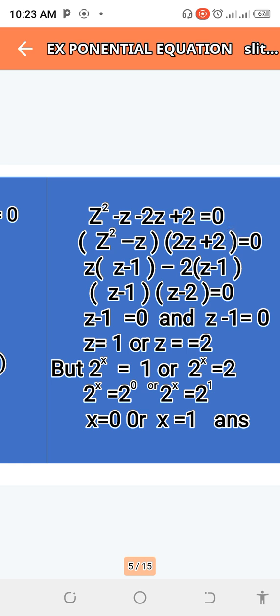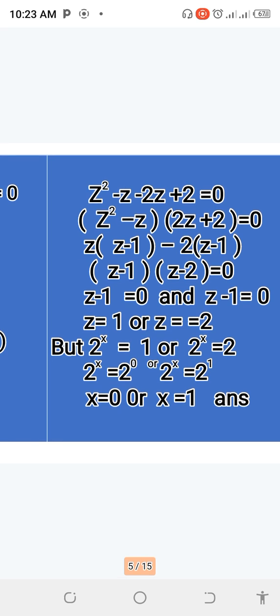So this z minus 2 is to be written as z minus 1, not z minus 2. This is a typographical error. So what we now have is z into z minus 1 bracket close, minus 2 into z minus 1.